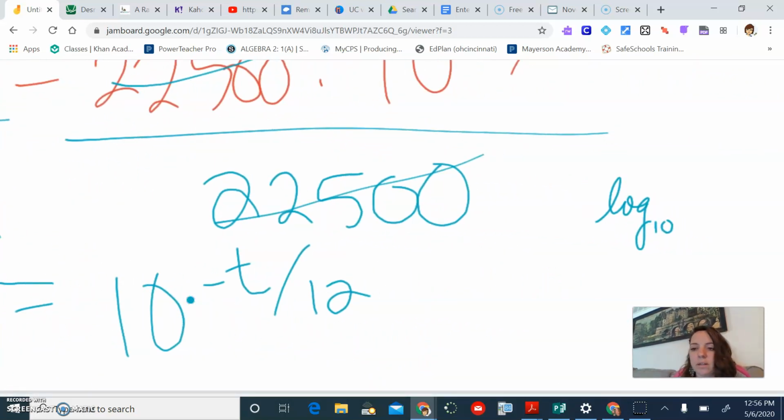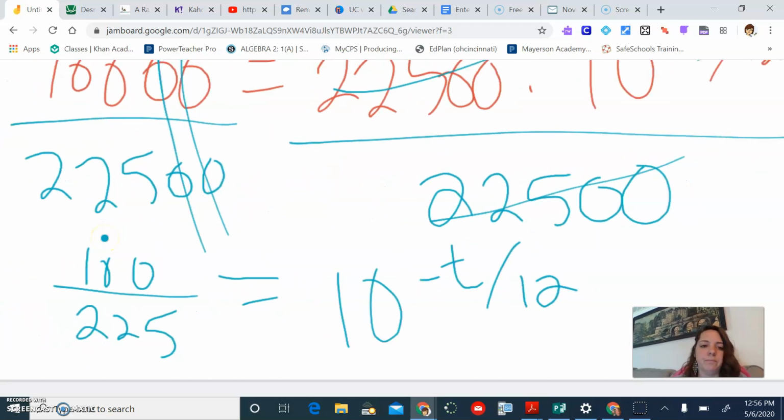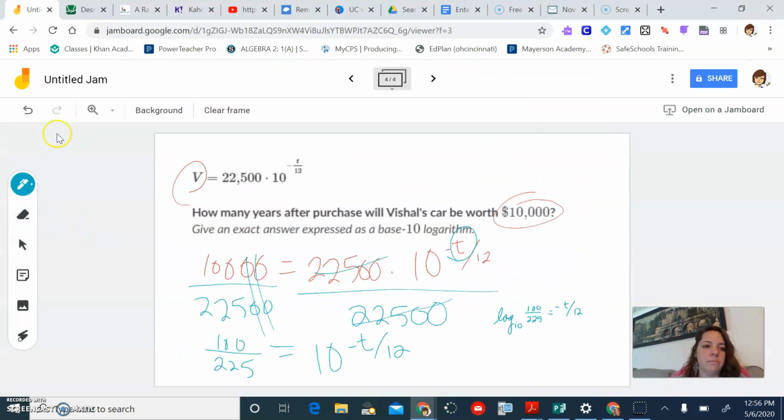I'm just going to write it as 100 over 225 equals the exponent, which was negative t over 12. Whoops, I don't like how I wrote that. Try this again.